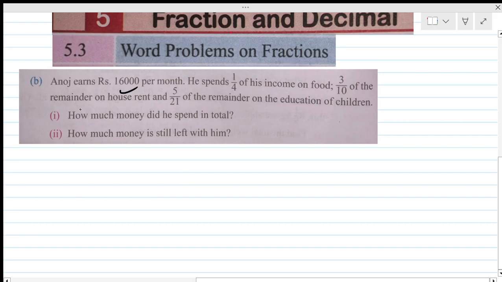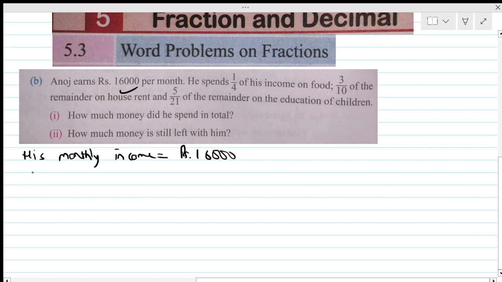So first we note down his total monthly income. His monthly income is rupees 16,000. He has rupees 16,000 in total. After that he spent one fourth of his income on food.